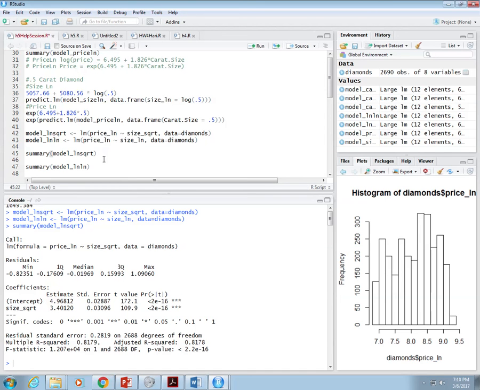So the way we write this out, like I said, is that the log of price is equal to 4.968 plus 3.401 times the square root of carat size. Equivalently, that would be that price is equal to the exponent of all that.